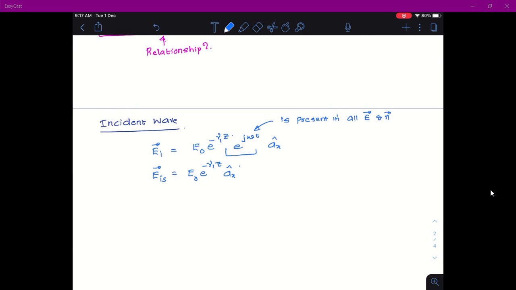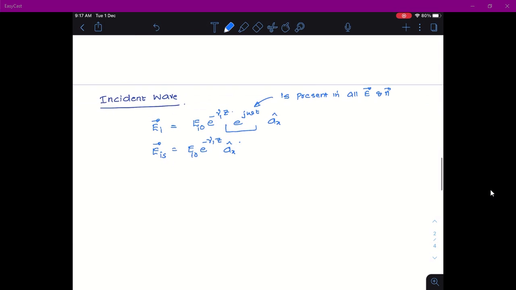But the other parts differ: for the reflected wave you will have a different E0, and for the transmitted wave you have a different E0, with gamma 2. So only the components which are changing we will consider.